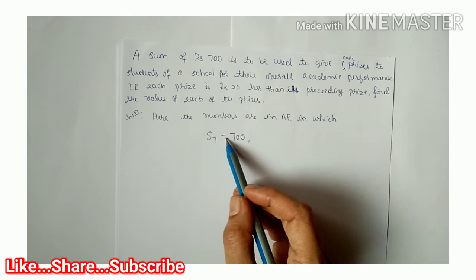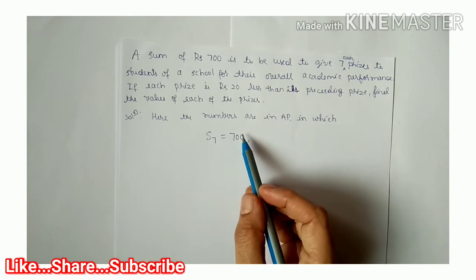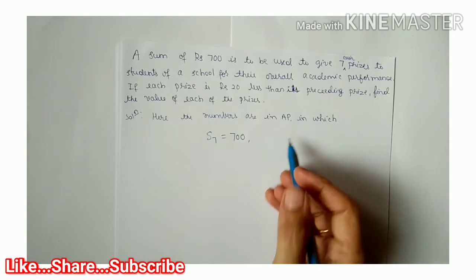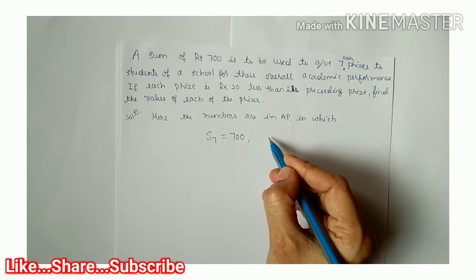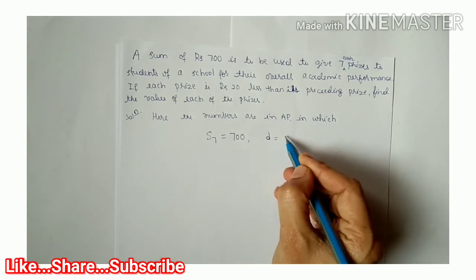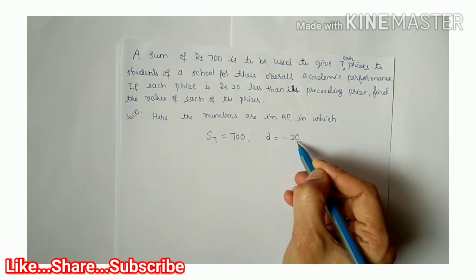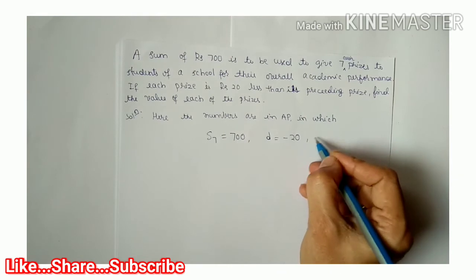So S7 is equal to 700. If each prize is rupees 20 less than its preceding prize, therefore d is minus 20. Here n is 7.